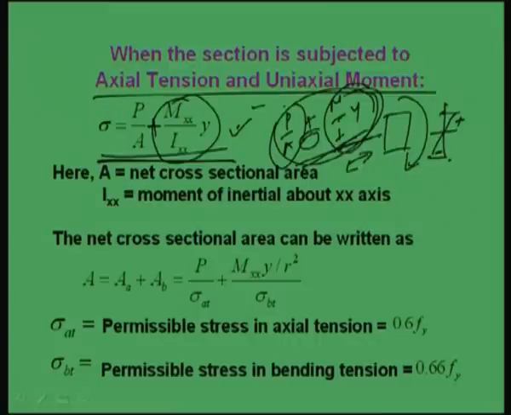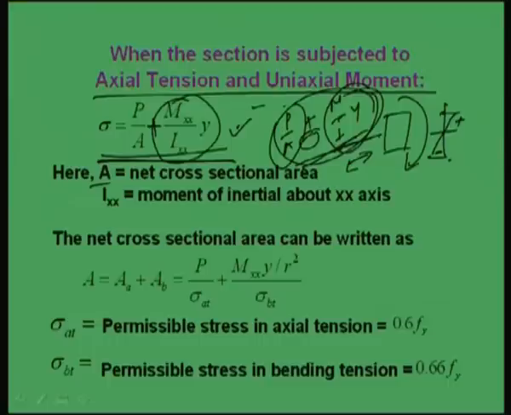Here we will focus only on tension related aspects, because we are studying tensile member design. Now, the stress developed due to tension force and moment is sigma equal to P by A plus Mxx y by Ixx.